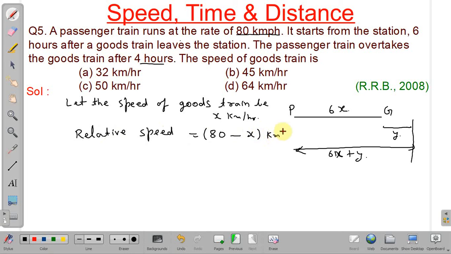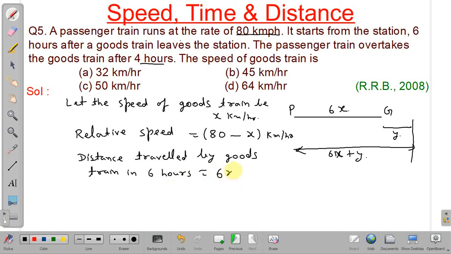So this much kilometer per hour. Now the distance covered by the goods train in 6 hours will be equal to 6 into x kilometer.